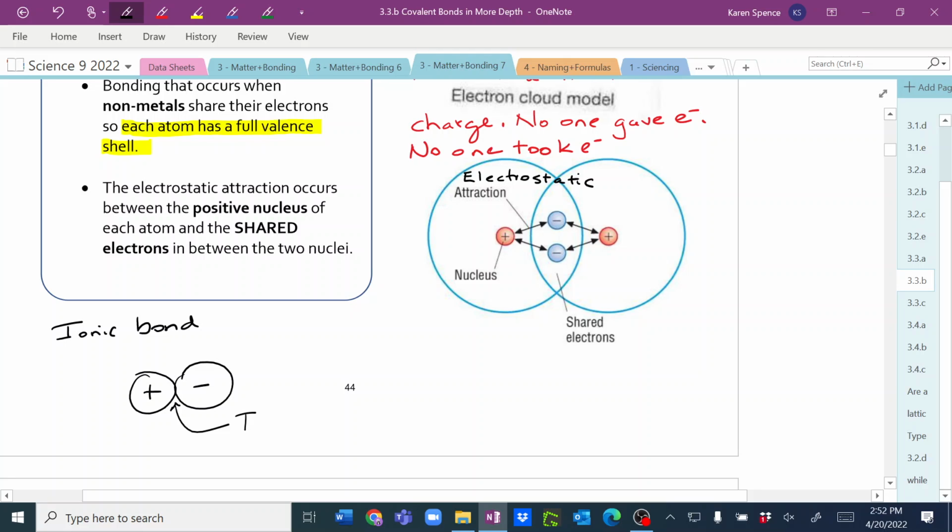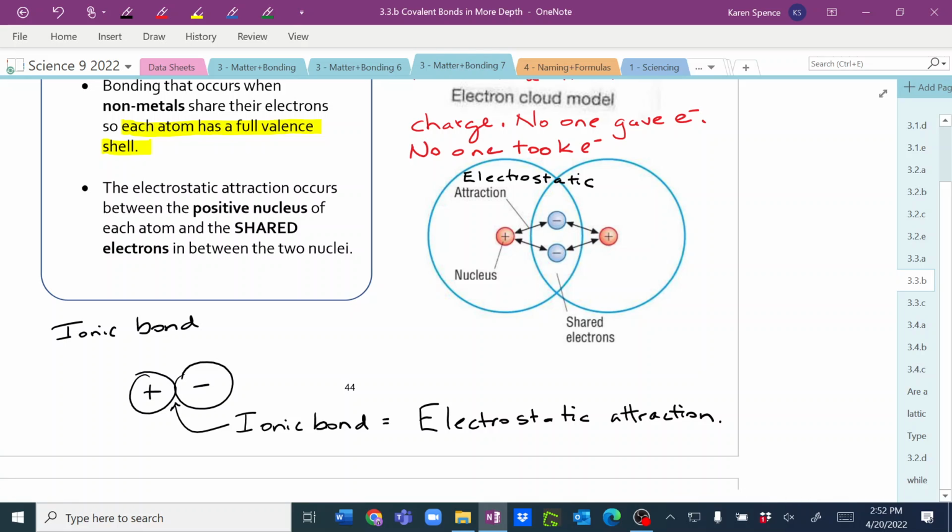That's an ionic bond. Electrostatic. In fact, every single attractive force between atoms, between particles, between anything, they're all electrostatic attractions, because everything is to do with positive sticking to negative.